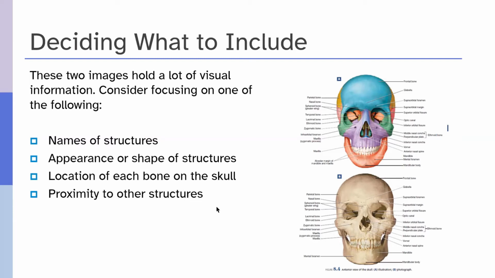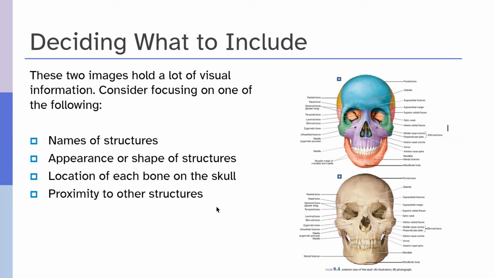If I were to see this or be training someone on how to write alt text for this image, I would expect to see someone writing 2 skulls, or maybe they even specify 2 human skulls with the following labeled parts, and then a list of all of those different bones and structures. But that is leaving out a lot of visual information.